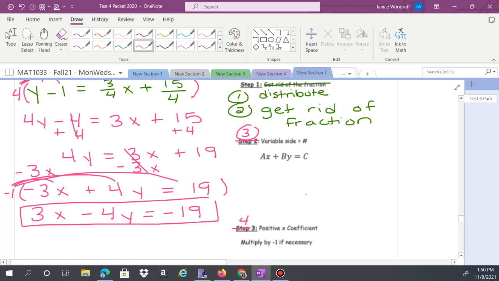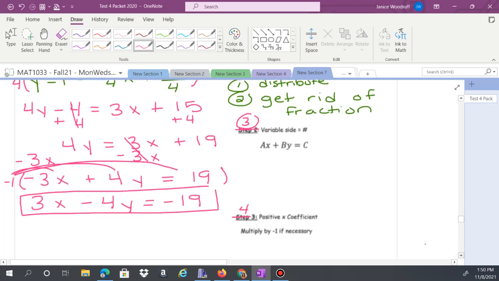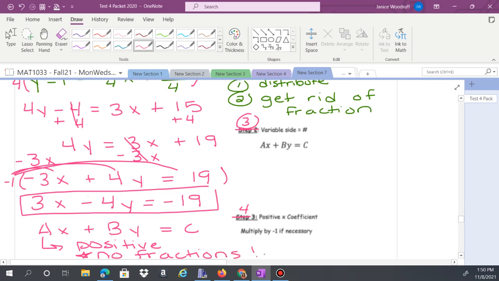Okay, and the reason why we do that is because for standard form, so ax plus by equals c, a has to be positive and there's no fractions in the whole thing. So x and y are on the same side, the number in front of x is positive, and there's no fractions.